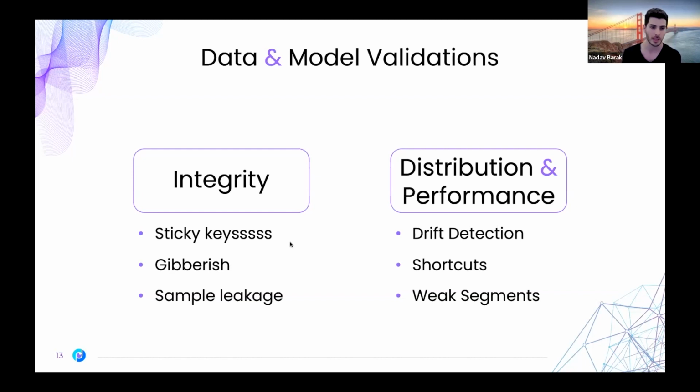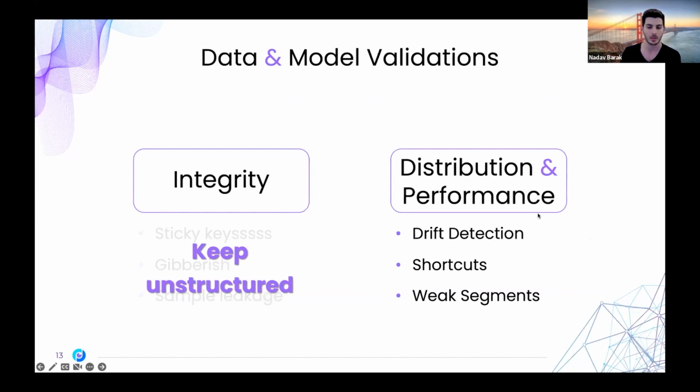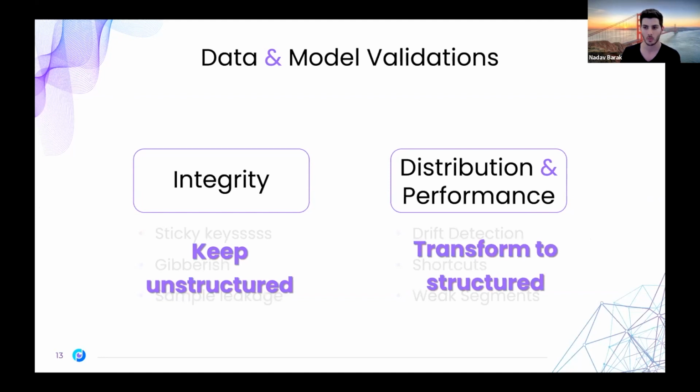But for distribution and performance, the only way to detect an issue is by looking at a group of samples together, which leads to how here in Deepchecks we can detect the different kinds of problems. In integrity, we can look at the raw textual unstructured data, but for distribution and performance, we'll have to transform it into structured data on which we can run calculations.